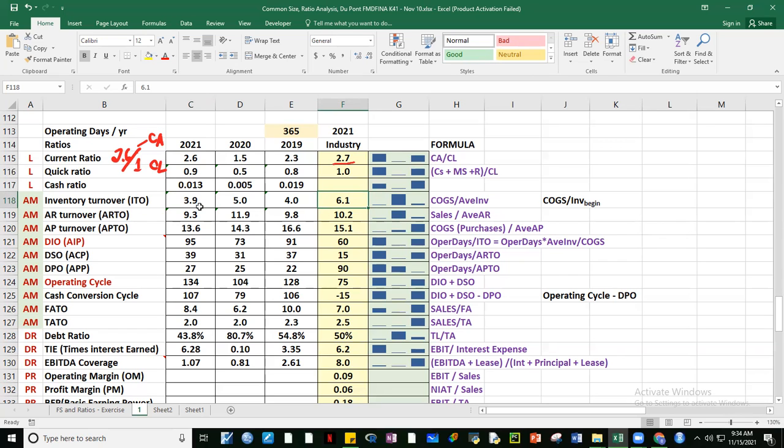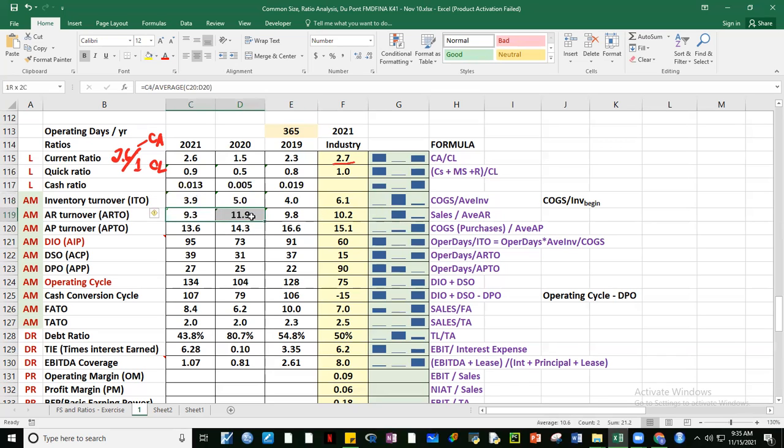There seemed to be a deterioration in 2021 kasi noong 2020, 5 times sila nakaka-convert yung inventory into sales. In 2019, it was only 4. Okay? So ITO is very important, guys. It's the velocity by which a company converts its goods into finished product and then sell. As I mentioned a while ago, the higher, the better.